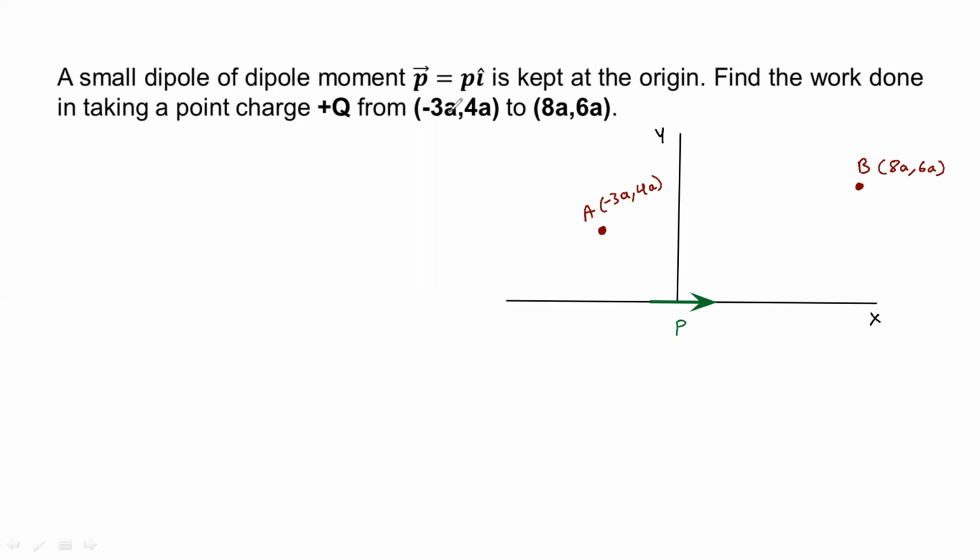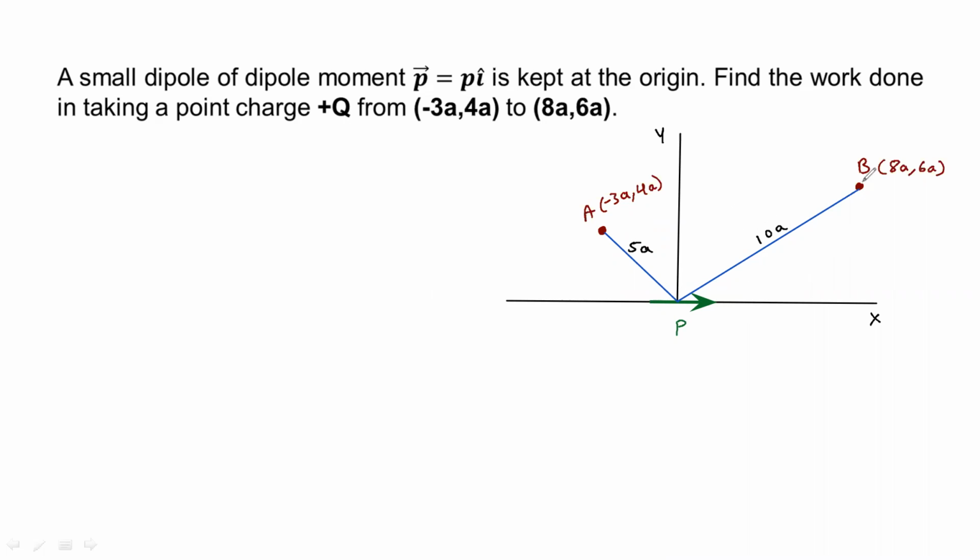So first of all, let's try to find the distance of these 2 points from the dipole. As you can clearly see here, these two distances are simply going to be 5a and 10a. Now, what is the angle made by these two position vectors with the positive direction of the dipole?